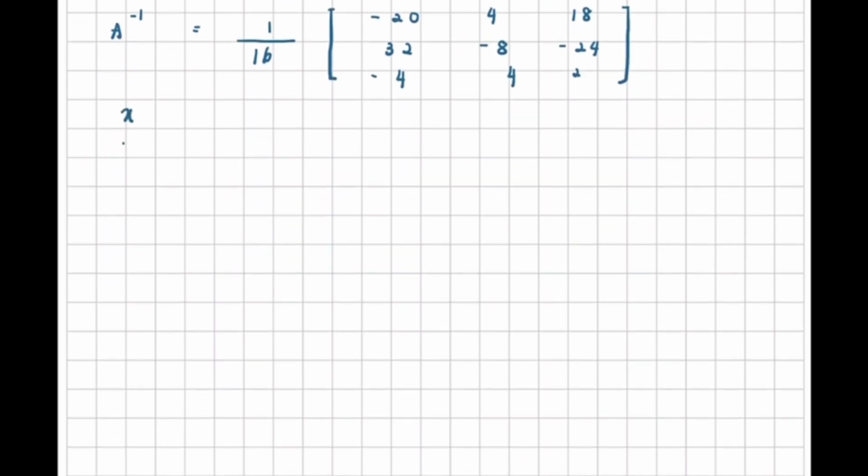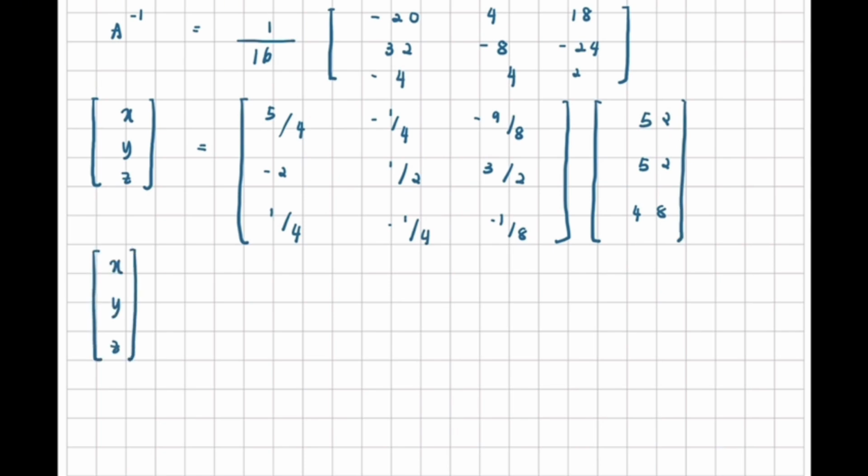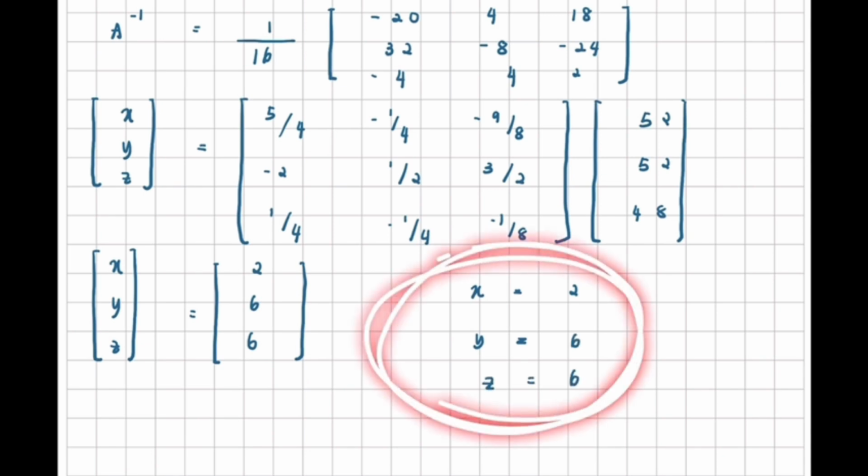After solving the A inverse above, we will insert it again in the X equal to A inverse B equation. So after we solve the above equation like usual, we will get the final answer 2, 6, 6. So x equal to 2, y equal to 6, z equal to 6.